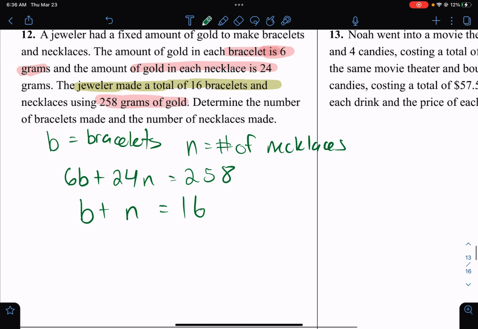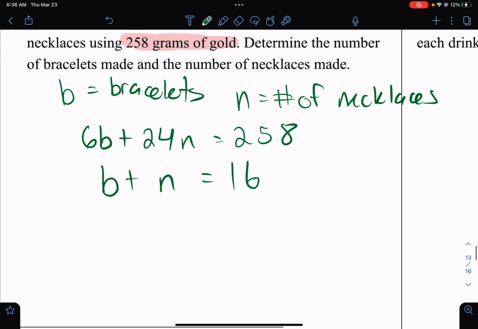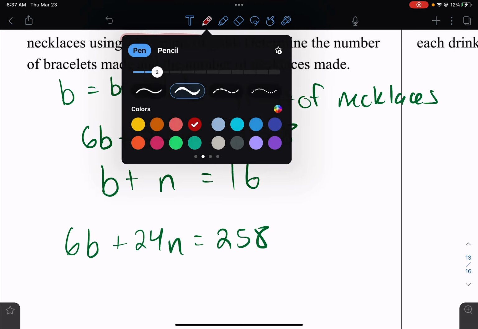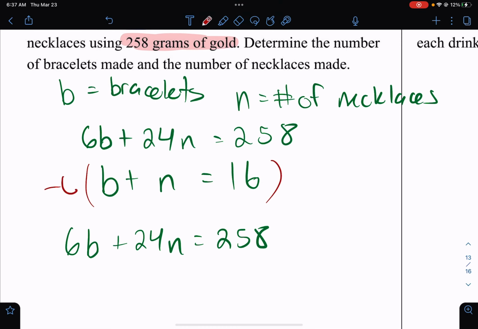All right. So I'm going to go ahead and actually solve this. Why don't we knock out bracelets. Okay. So I'm going to keep my first line the same. And then what I'm going to do is multiply my second line by -6. And the reason that I'm doing this is so that my b's cancel.